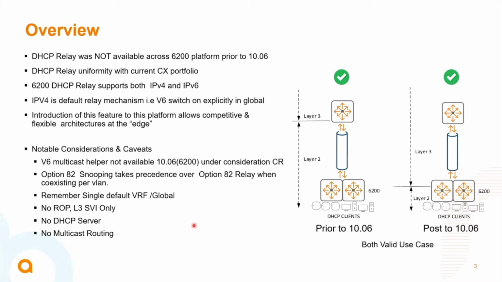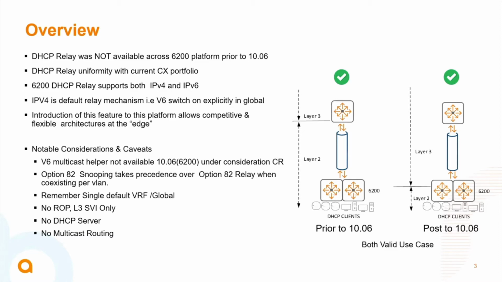So if you're going for this scenario where you've got layer 3 at the edge and you want multicast routing, you can't do that. We don't support PIM or anything like that. So you're going to have to have a layer 2 scenario.